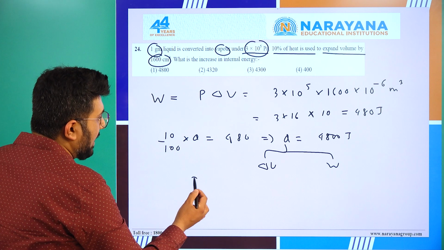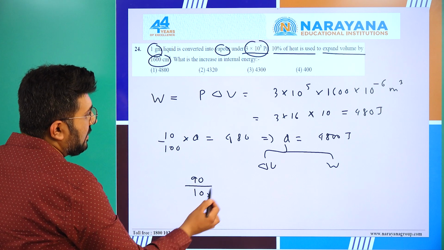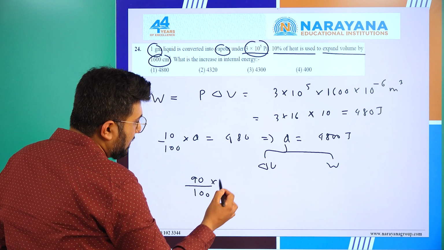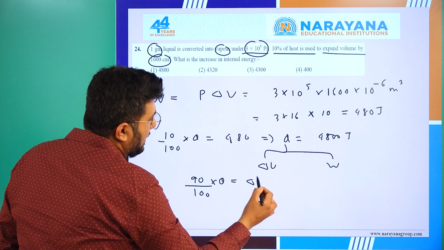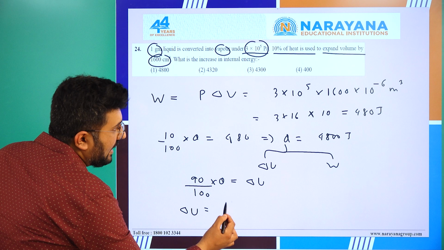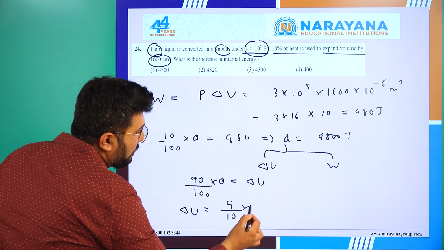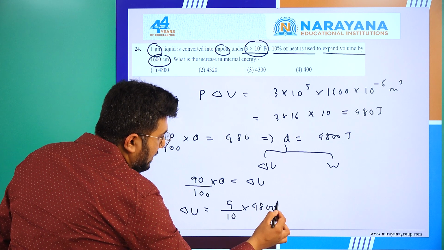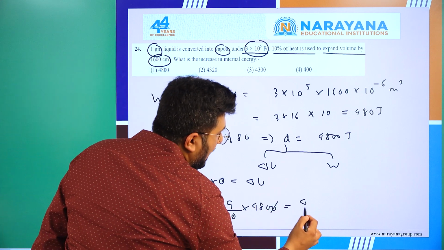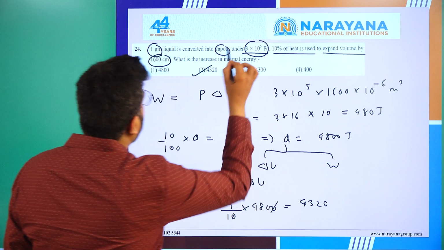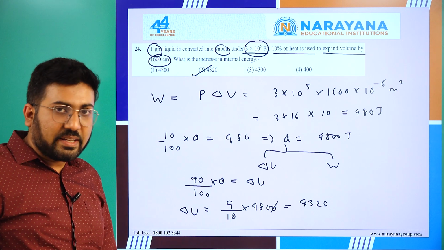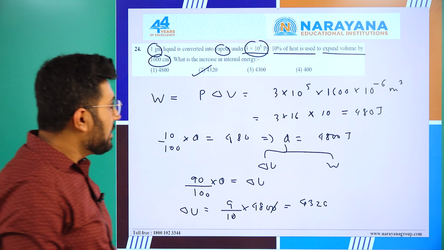So 90% of the heat is delta U. So delta U equals 9 by 10 into 4800, and that will come out to be 4320. Okay, so this is the answer. This is the increase in internal energy. Clear?